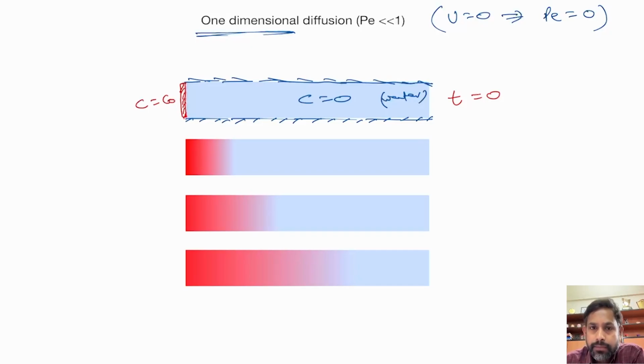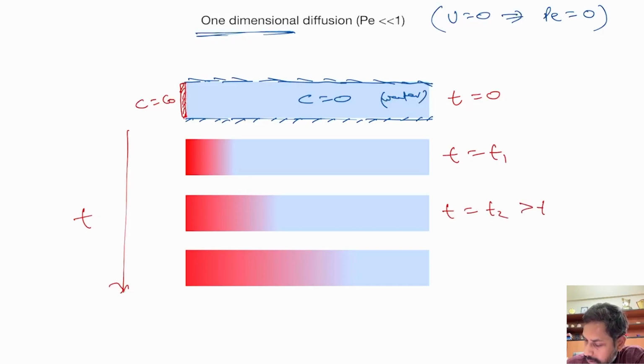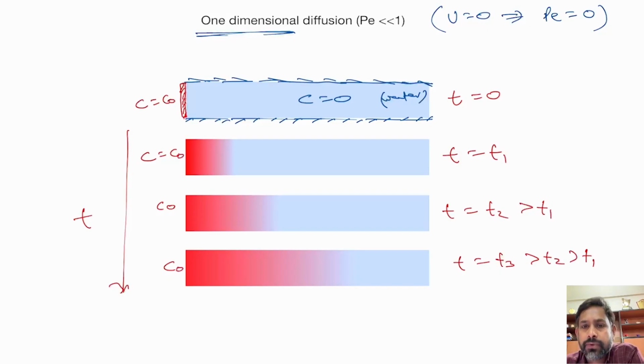And now with increasing time, let's say t equal to t1, t equal to t2, which is greater than t1, t equal to t3, which is greater than t2 and t1, right? And we maintain the left boundary equal to C naught, C naught, and C naught. So you can see with time, this solute from the left boundary slowly diffuses into the medium, and it takes more and more space with this concentration profile.